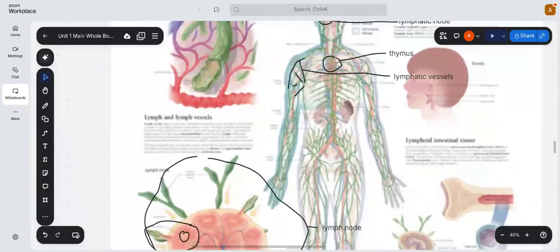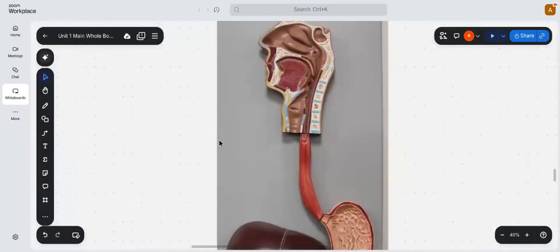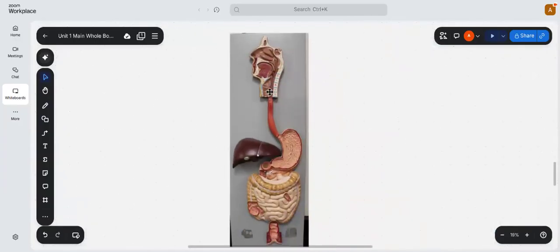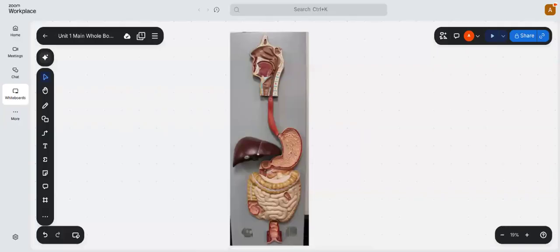All right, moving on. We now have this lovely structure that shows your oral cavity as well as going to your esophagus and stomach and intestines and then out. So this is your digestive system.